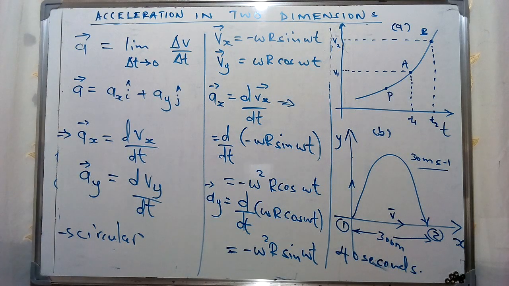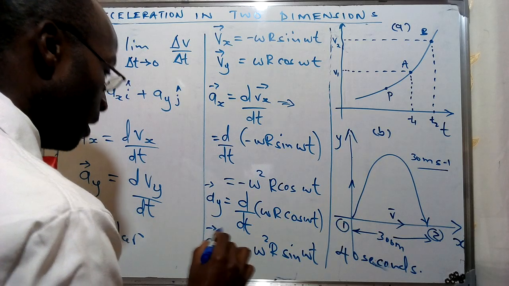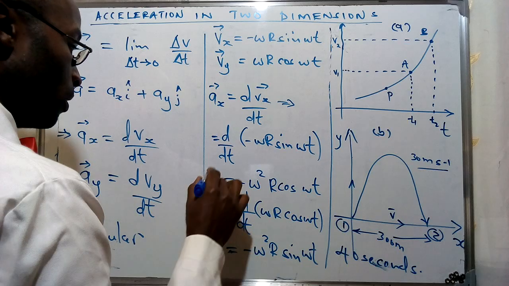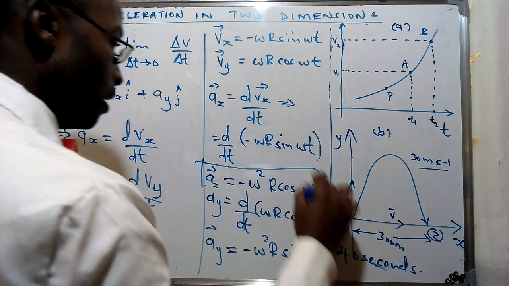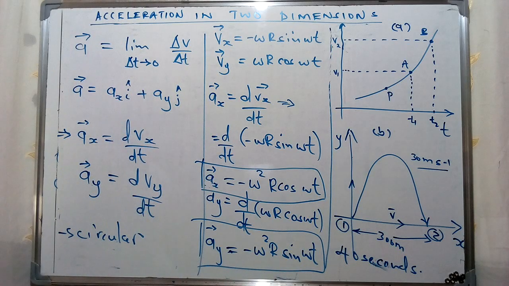Those are going to form a specific representation for the acceleration component along the x and the acceleration component along the y. So in this case, these are going to be giving us the representation for acceleration in 2 dimensions for those two components.